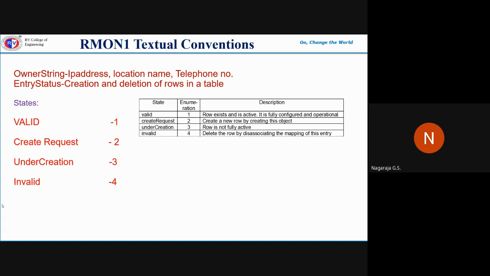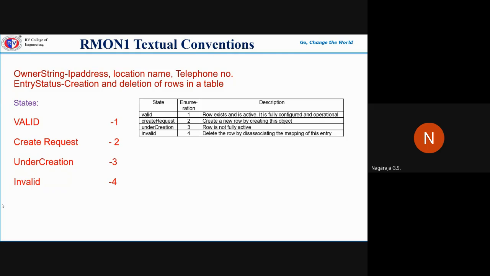That is the value you have for each one, and correspondingly there is a description of each one, which talks about whether the row exists, whether it is active or not, and whether it is fully configured and operational. That's the first one. When it is valid, that's it. Very simple understanding here. Create request: create a new row by creating this object. So whenever you want to create new things, you can use that.